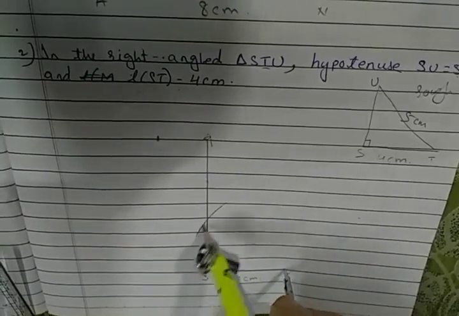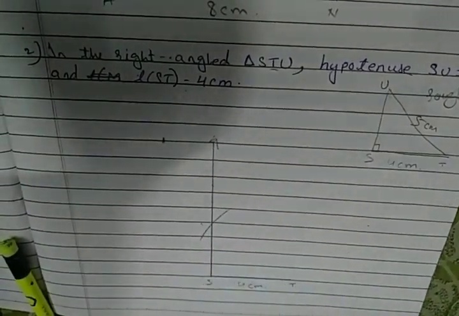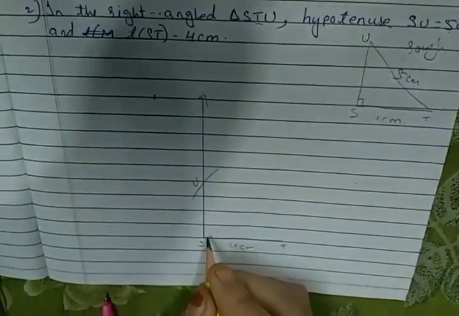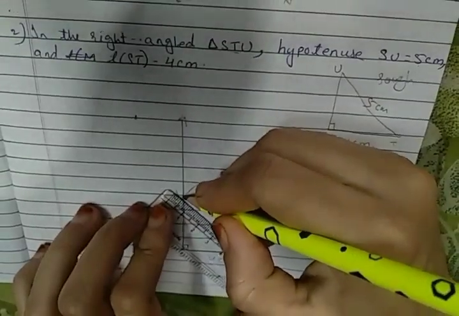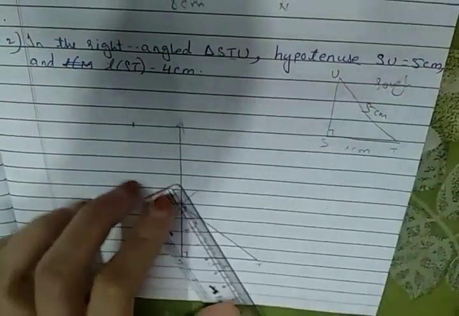Wherever it will meet, then we get one point, that will be U. And this is a right angle triangle. Now join this line with point T.